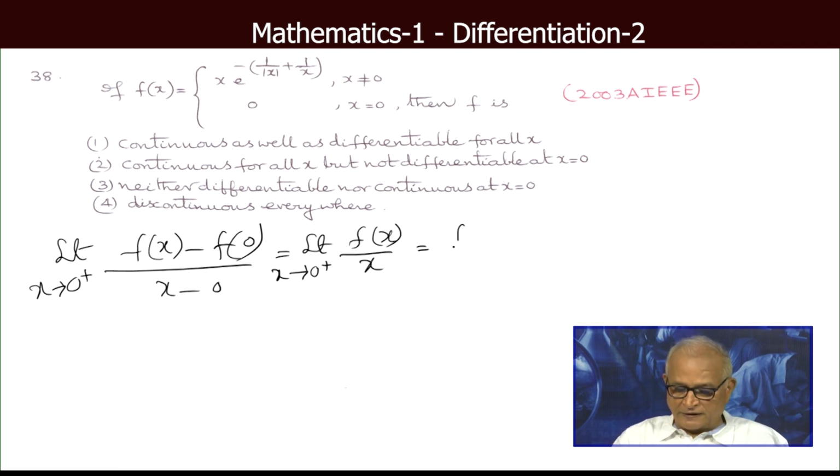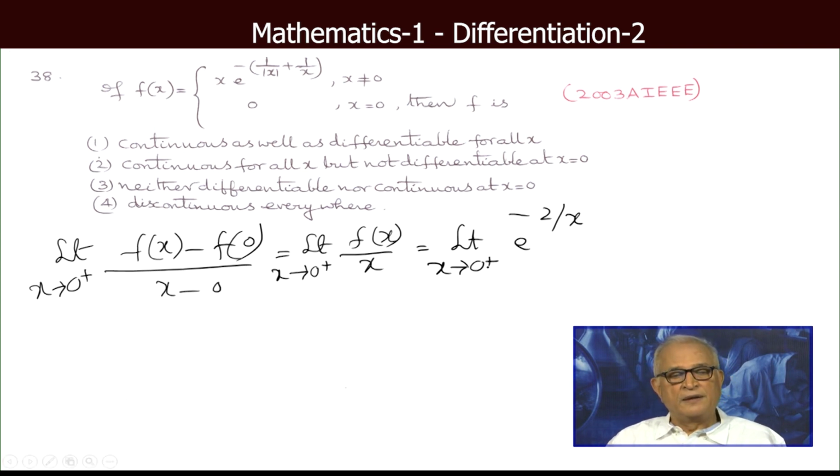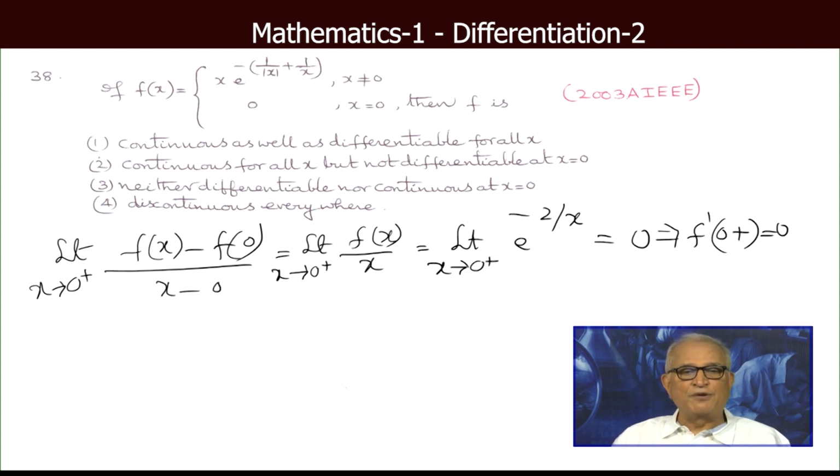So, therefore, this is a limit e power minus 2 by x as x tends to 0 plus. Now, when x tends to 0 plus, 2 by x tends to plus infinity and minus 2 by x tends to minus infinity. So, e power minus 2 by x tends to 0. So, f dash at 0 plus equals 0 and the right hand derivative of f at x equal to 0 is 0.